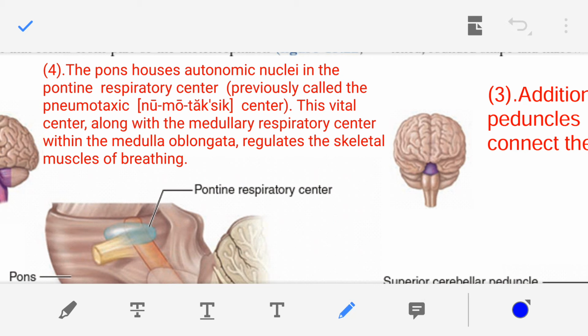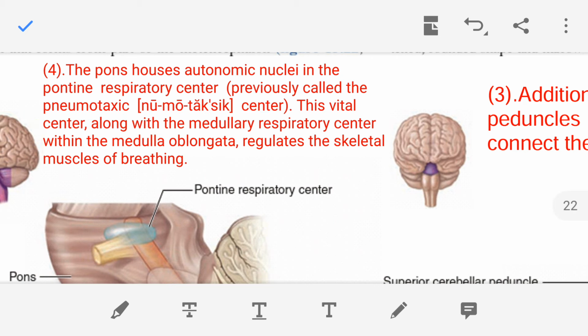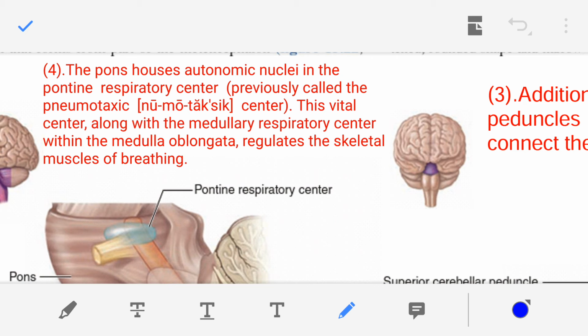previously was known as the pneumotaxic center. Earlier it was known as the pneumotaxic center. Now this pontine respiratory center is a vital center, and in the medulla oblongata also a respiratory center is present. That respiratory center is known as the medullary respiratory center.